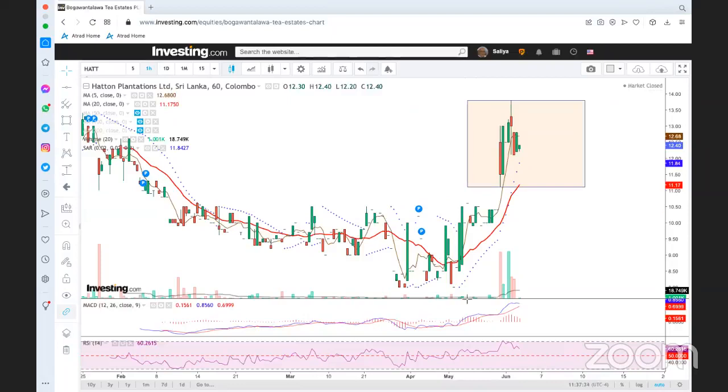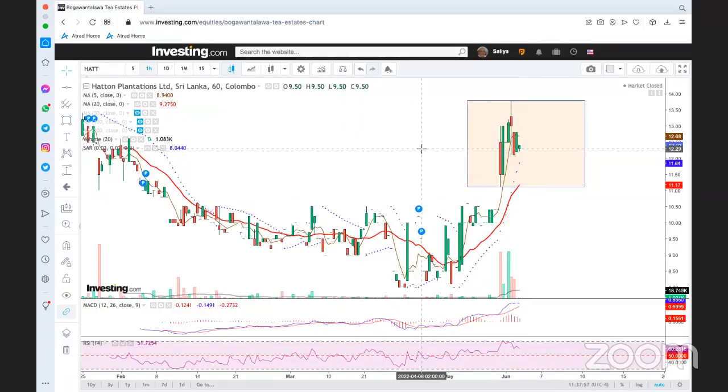MACD is bullish, RSI is bullish, the 5-day moving average is above the 20-day moving average, and there's a fair distance between the two. PSAR is below the price line.